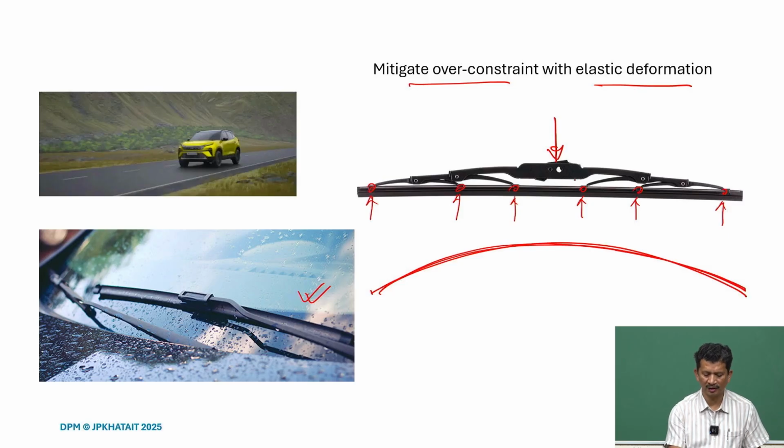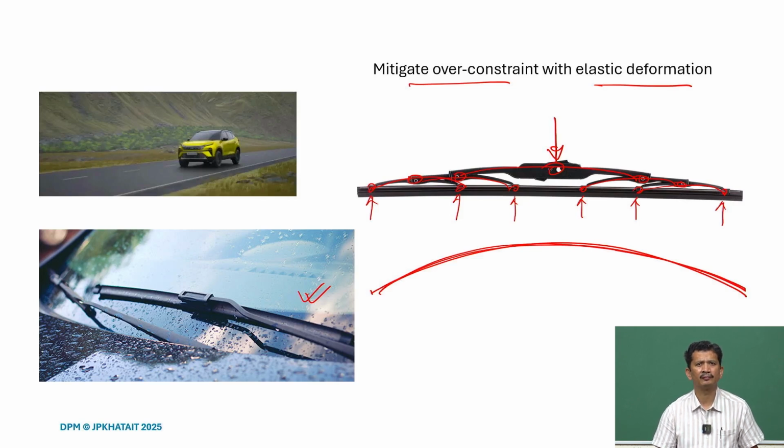What you realize is that they have branching, this kind of configuration, and later you realize that these kinds of systems are used in many places where you want to conform to the surface. So, there are many point contacts, but still it is not over constrained because you have provided internal degrees of freedom, and that way it self aligns and provides the proper contact force.